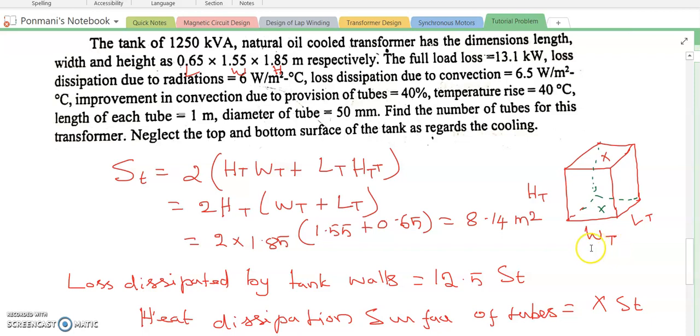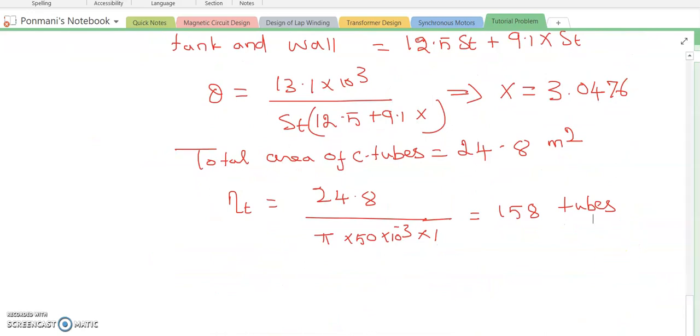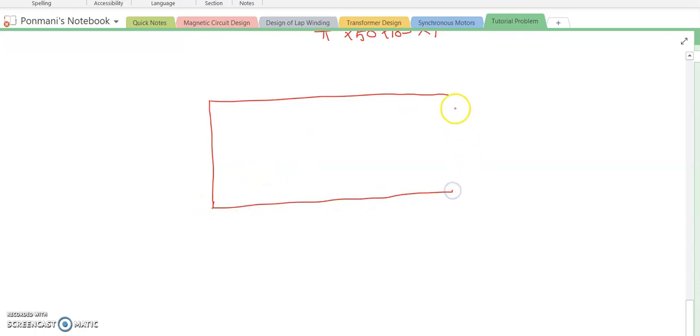So the width of the tank is 1.55 meters, and the length of the tank is 0.65 meters. The height is already the same as that of the wall. So this length is 0.65 and this width is 1.55.